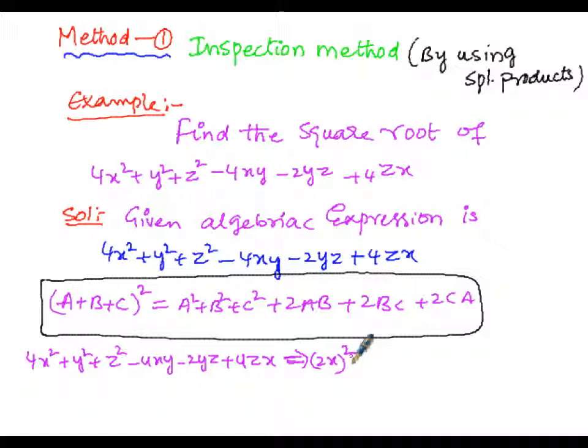So, here square is applicable for both 2 and x, that is 2 square, 2 into 2 is 4, and x square is x square. The second term is y square. Y square can be written as minus y whole square.